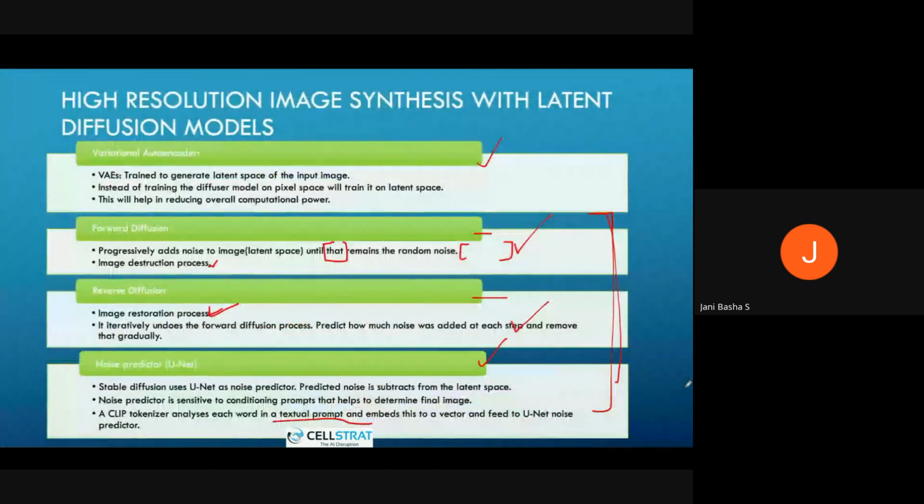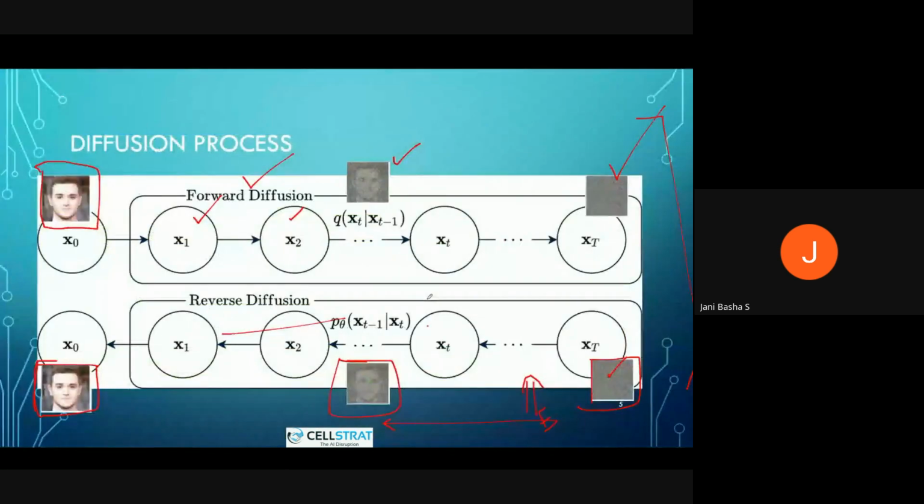So in the previous slide, I was talking about latent diffusion. So what is the meaning of latent diffusion here? If we do this process on the complete original pixel space, say we have a 1024 by 1024 image, and we run this whole process on that bigger, HD quality image, it will need a lot of computational power.